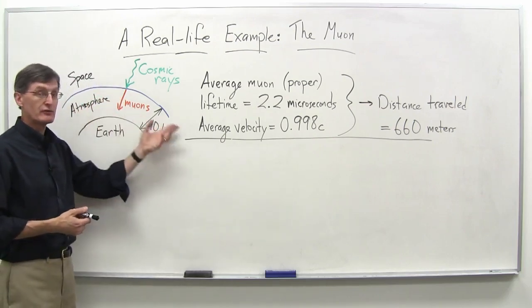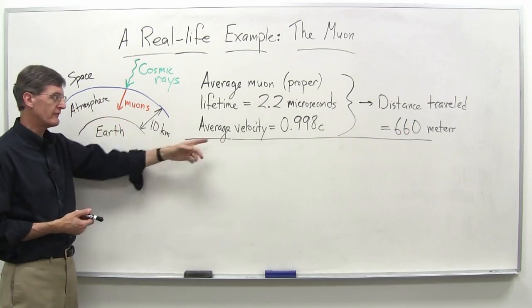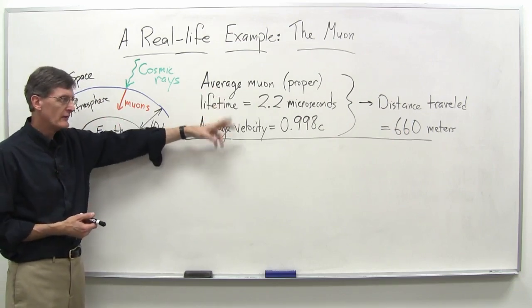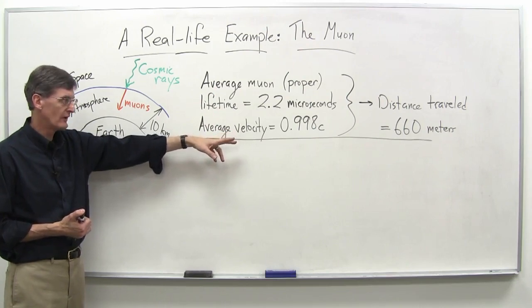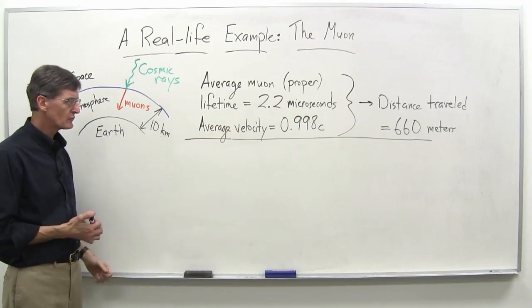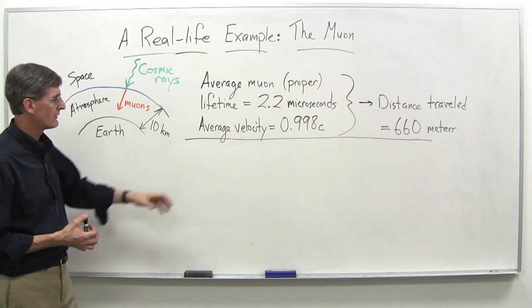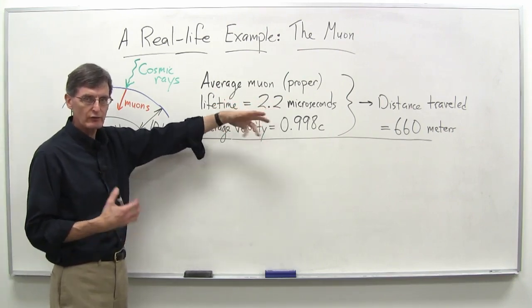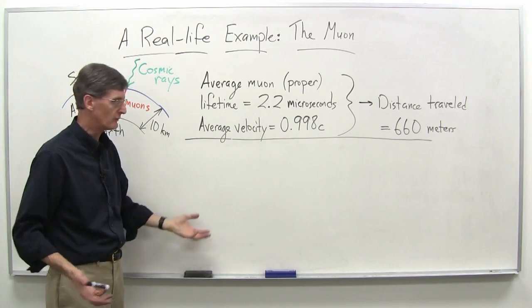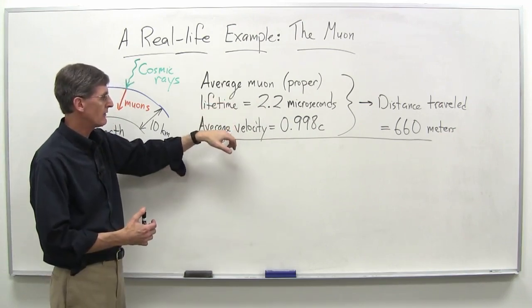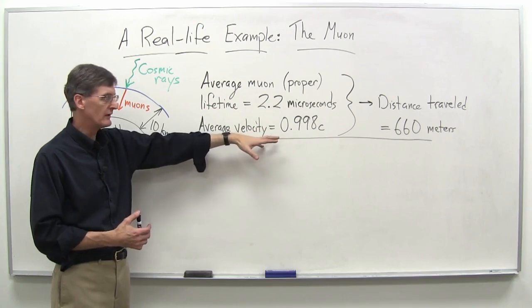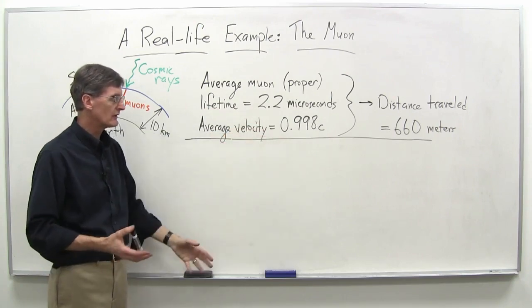Also, the average velocity of these muons created is very, very high, 0.998 times the speed of light. Okay, so not quite the speed of light, but very, very close to it. And so given the fact that we know its lifetime, how long it's going to exist before it decays into other particles, just spontaneously on average, and then also its velocity, 0.998 c, you do a little calculation there.